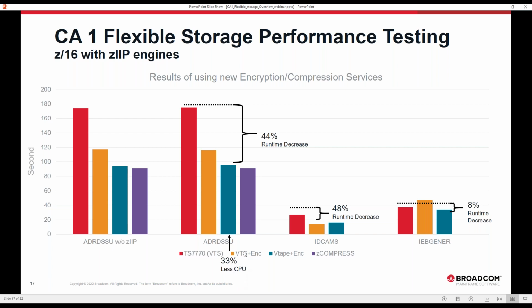And of course, offloading that to a zIIP engine offloaded 33% of the CPU that would be used without using a zIIP engine. We have similar results for some of the other utilities as well, 48% decrease for IDCAMS and slightly less, 8% for IEBGENER. But the big one there is that 44%. It almost halved the wall clock time.